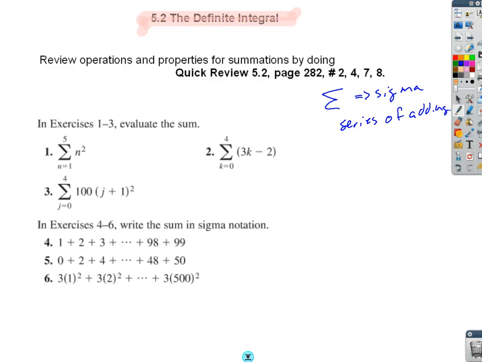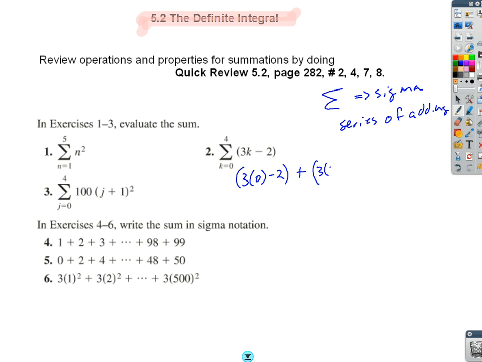The way this works is I take a k value, k sub 0, or 0, and I stick it into the function that's next to the sigma. So in this case, it'd be 3 times 0 minus 2. And I do plus, and then I add 1 to k. So k was 0, now it's going to be 1.